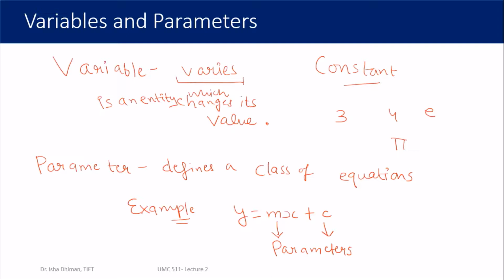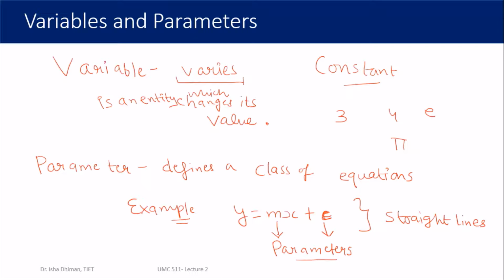And obviously I need not tell you what class it represents: straight lines with slope m and y-intercept c. If I give a different value of m and c, I'll get a different straight line.